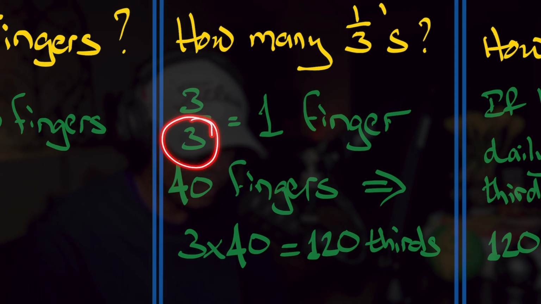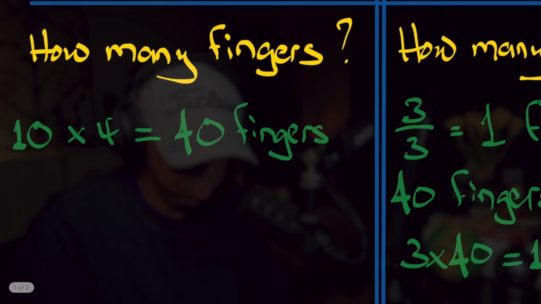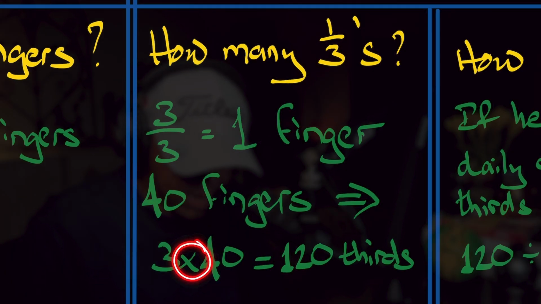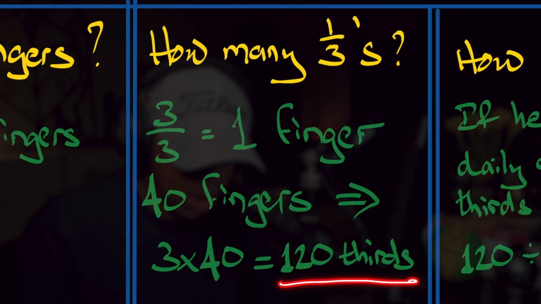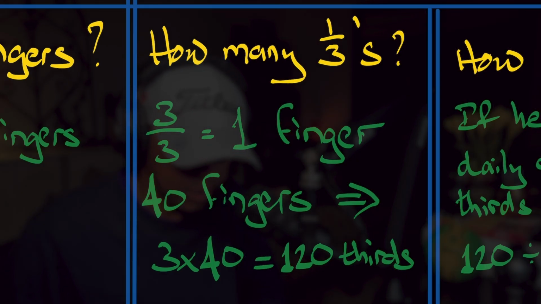The denominator tells us 3 parts to the whole. And if he's got 40 fingers, which we found out over here, 10 times 4, we're going to get 3 groups of 40. Holy moly, that is 120 thirds, 120 unit fractions.